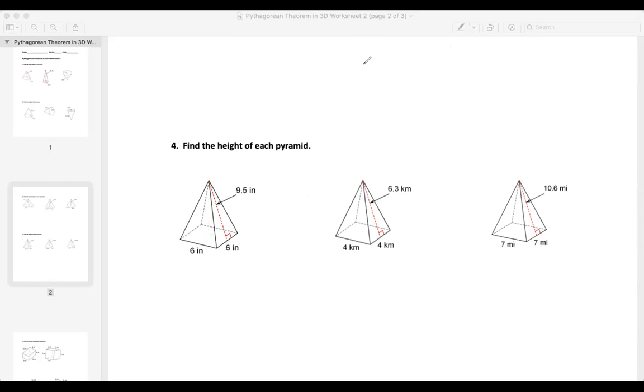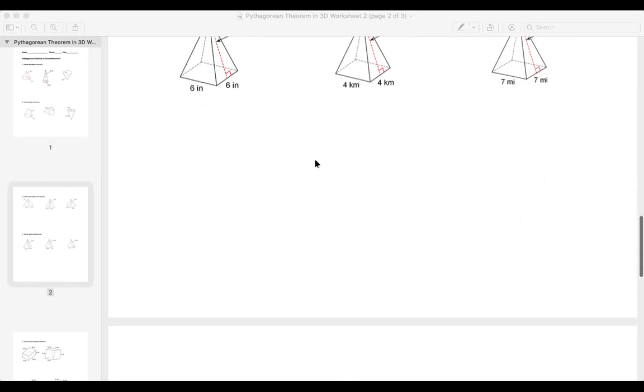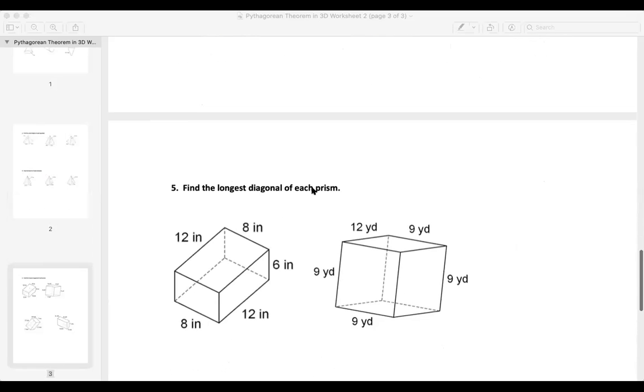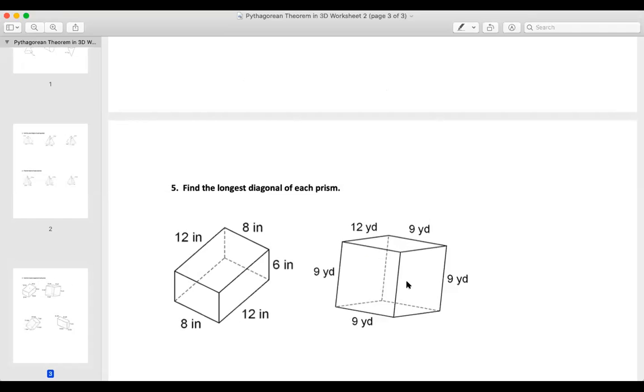And then last but not least, our favorite, the box. And then we're finding what is the longest diagonal of each prism. In other words, what is the longest object that will fit inside the box? So for the second one right here, that would go from here down to here. Remember, though, in actuality, step number 1 is along the bottom is to draw that diagonal.